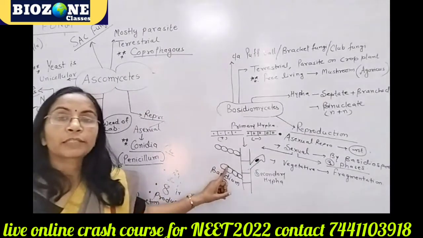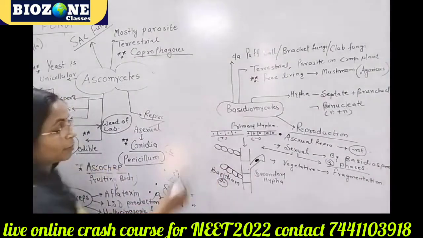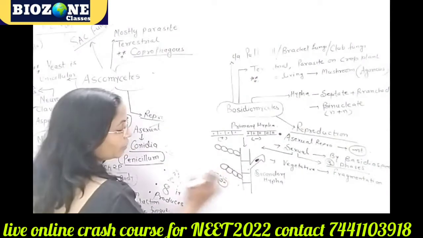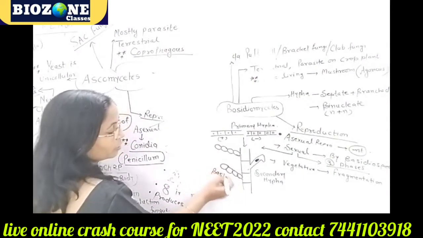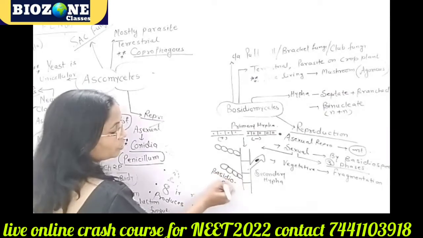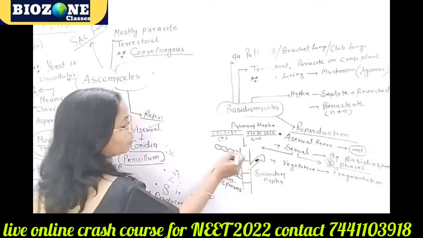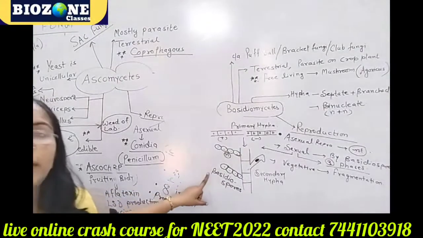They are exposed to air or wind. Now the basidium is diploid. This diploid basidium shows meiosis, and upon meiosis it will result in the formation of basidiospores.